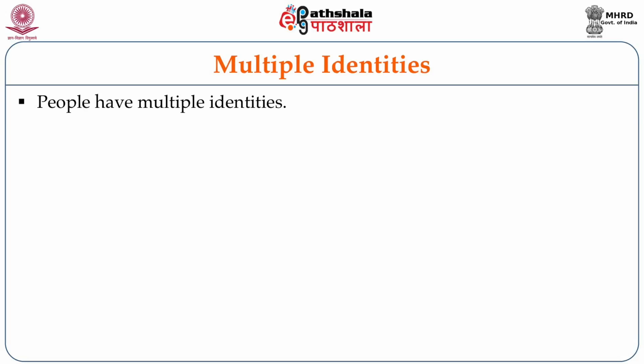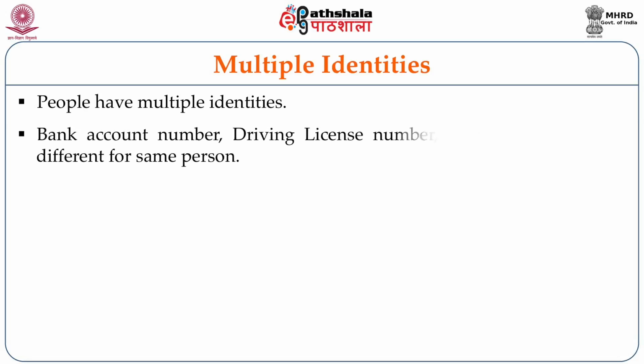Most people already have multiple identities. You may hold a bank account number 99999, your motor vehicle number 4913. You may hold a credit card that has a different number.